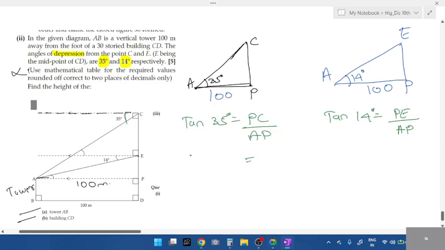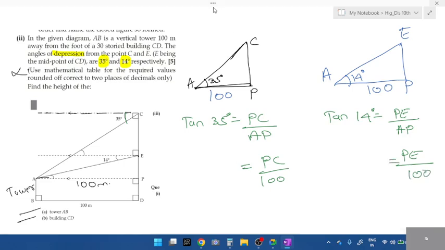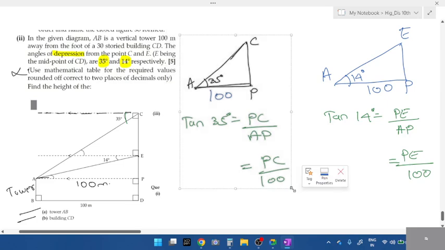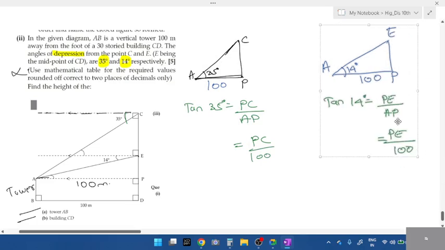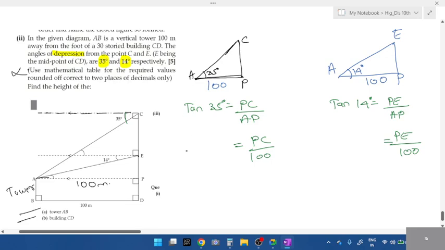AP is 100. Find tan 35, students. Multiply by 100, you get the PC value. 0.7002.